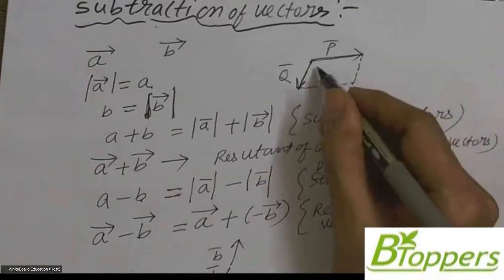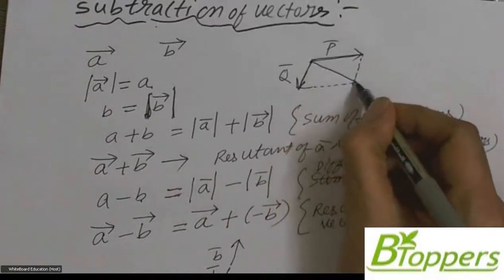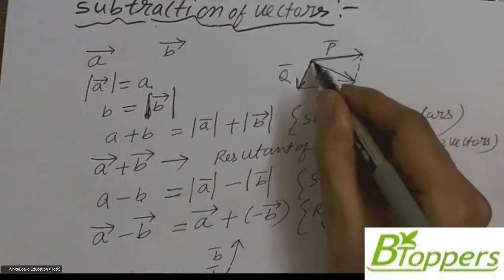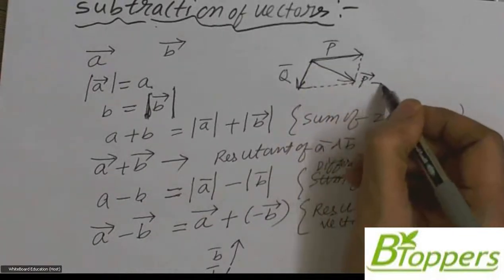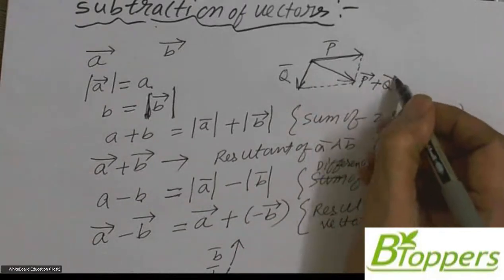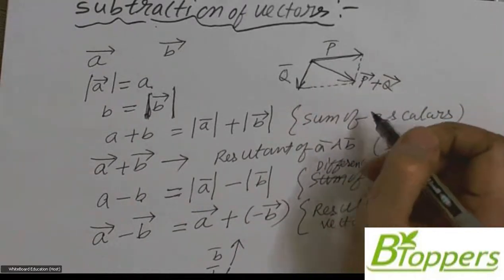Then the diagonal of the parallelogram, passing through their point of intersection, represents the vector sum P bar plus Q bar.